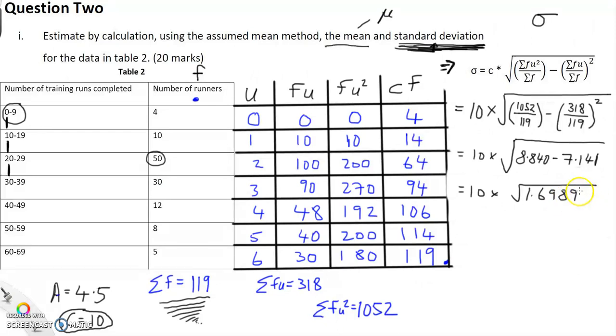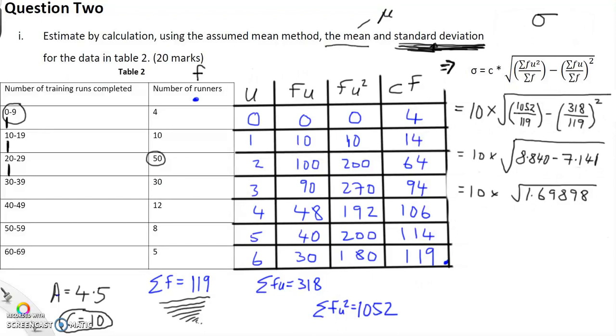The next figure was a 7, but I'm going to round it up to an 8 because of the figure after that, which is a lesson for another day. Using the Casio, this should be your answer at the moment, 1.69 and the rest. And then I'm going to square root my last answer, which puts in the full number anyway. So we have our standard deviation calculation broken down: 10 multiplied by the square root of this number here. The Casio will take all that in one go.